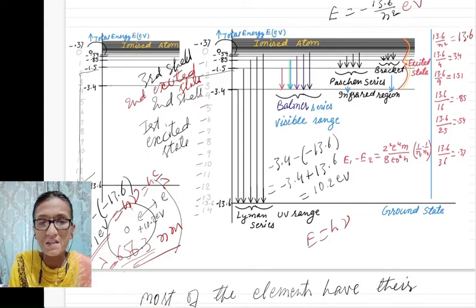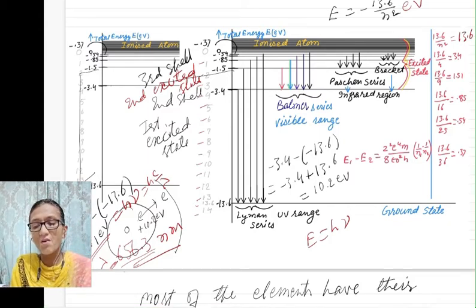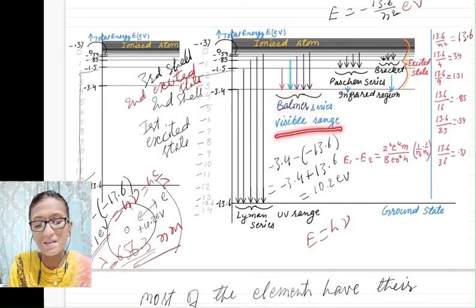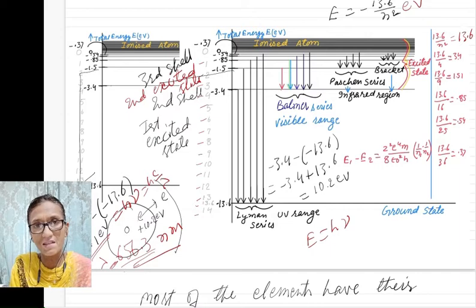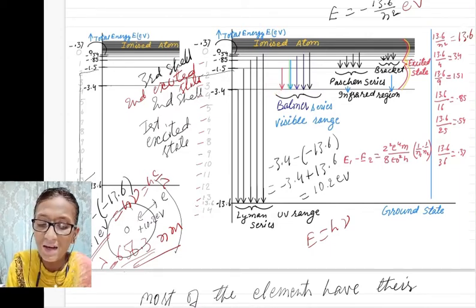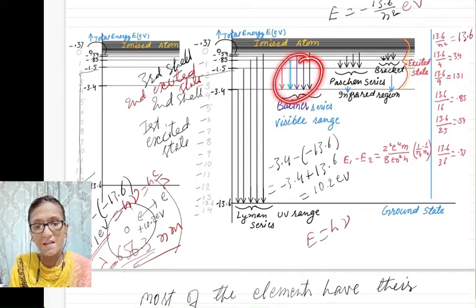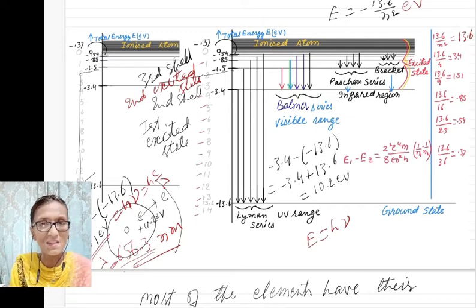So this is the visible range of wavelength. Now it can be seen by human beings, and this is your Balmer series. This comes in the visible range. You have red color of wavelength, blue, green color of wavelength, and violet color of wavelength. The spectrum of this series can be seen.